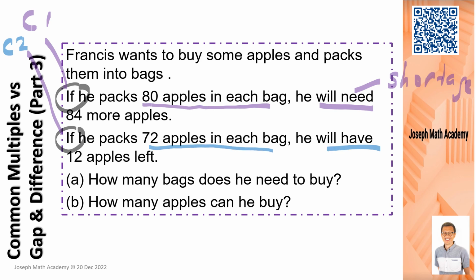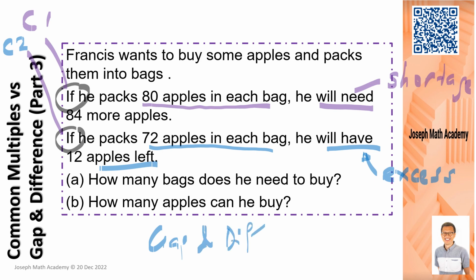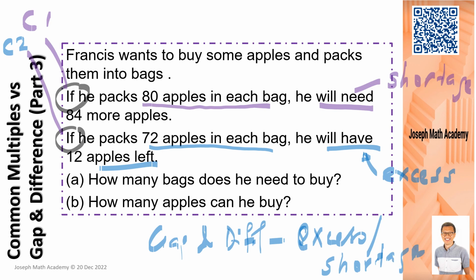He will have, so this is excess. So this is the gap and difference concept, excess and shortage. So it's the advanced type. Now let me go through the standard process, the standard equations, in my next slide.